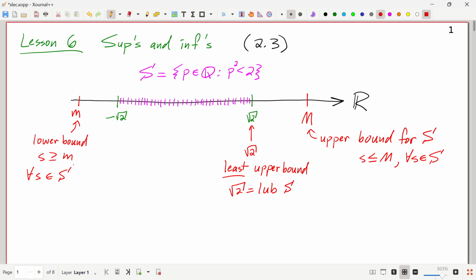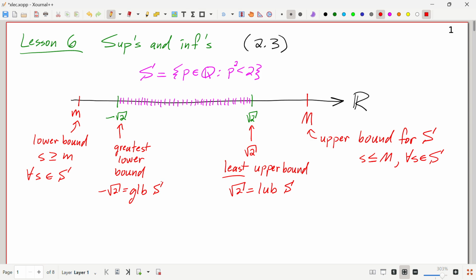When it hits minus the square root of 2, this turns out to be the greatest lower bound. I can't slide it any farther. The greatest lower bound. And we write minus the square root of 2 equals the GLB of S.